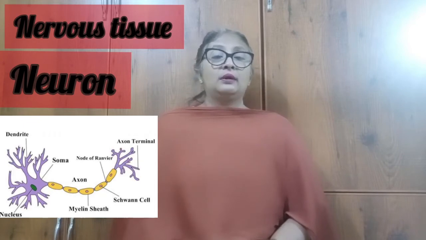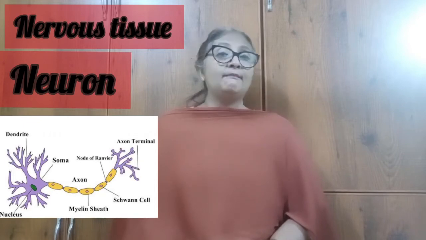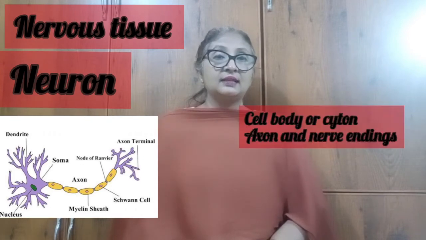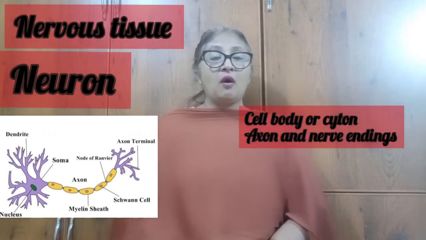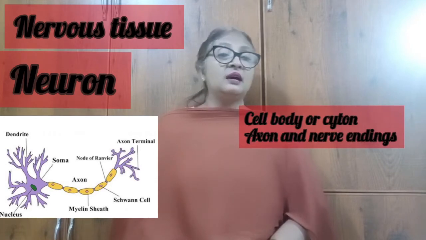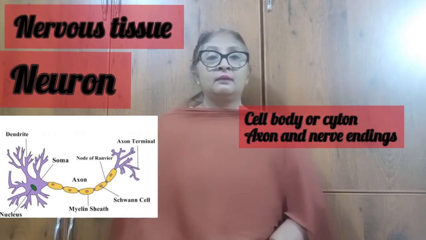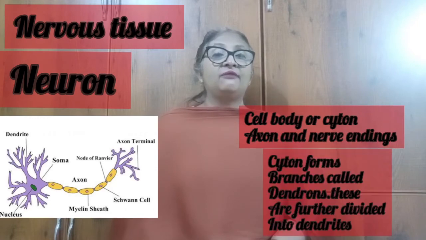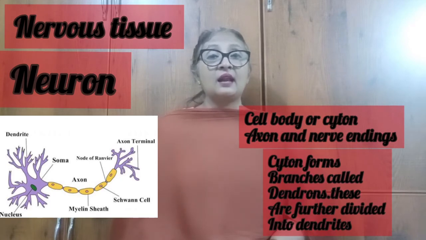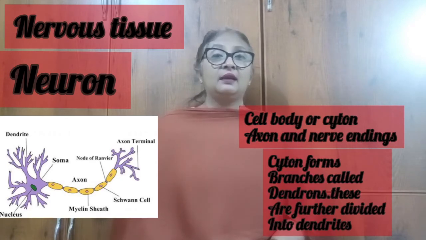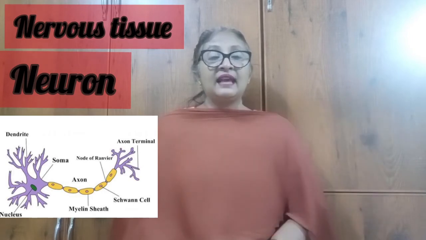Each neuron has three important parts, that is the cyton or the cell body, the axon and the nerve endings. The cyton is further divided into branches known as dendrons. These are further subdivided into thin parts known as dendrites.